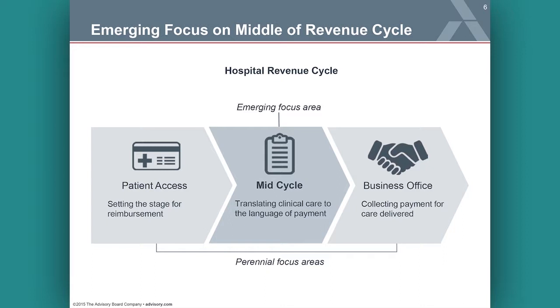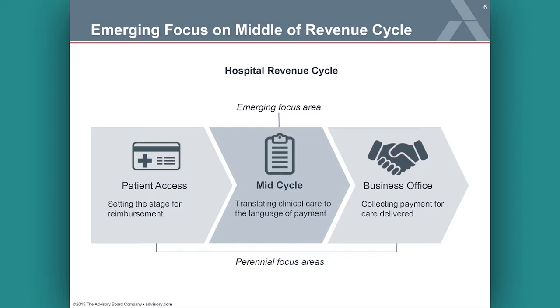The second thing that we keep hearing is that there's just a huge amount of revenue variability that's driven by the mid-cycle, and it's going to be increasing as we go forward. We'll talk about some statistics there in a second. And then the third is that the mid-cycle, probably more than any other piece of the revenue cycle right now, is changing the rules. They are seeing impacts from ICD-10 if we get there. They're seeing a huge increase in audits.